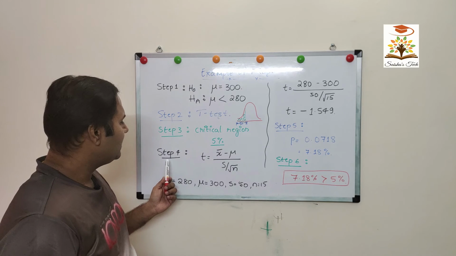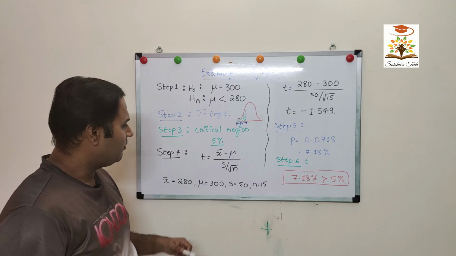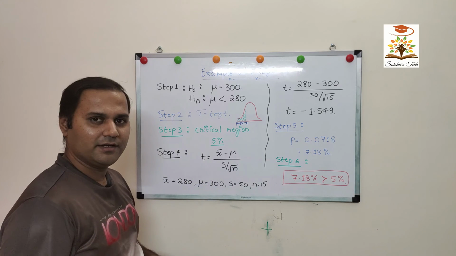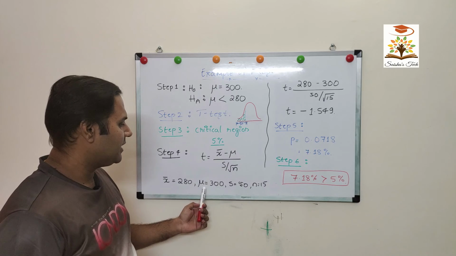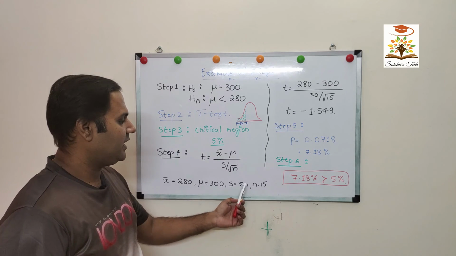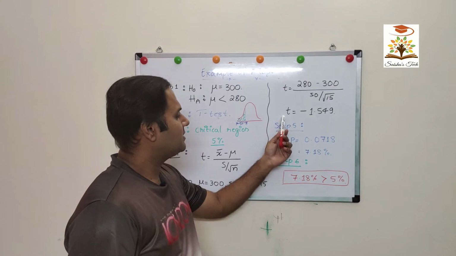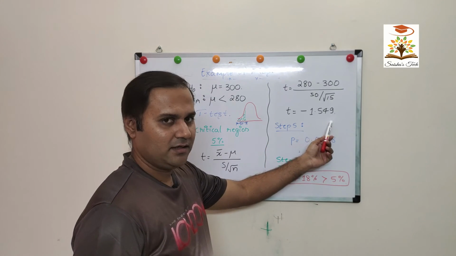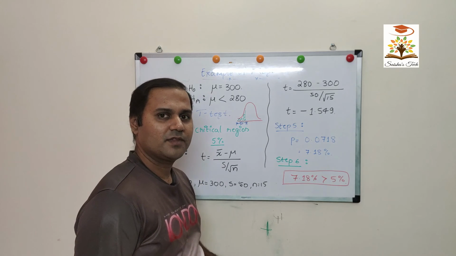In step 4, we are calculating the t-test value from the formula x bar minus mu divided by s by root n. Here x bar value is 280, mu is 300, standard deviation is 50 and n is 15, which represents t is equal to 1.549 with substituting these values in the formula.